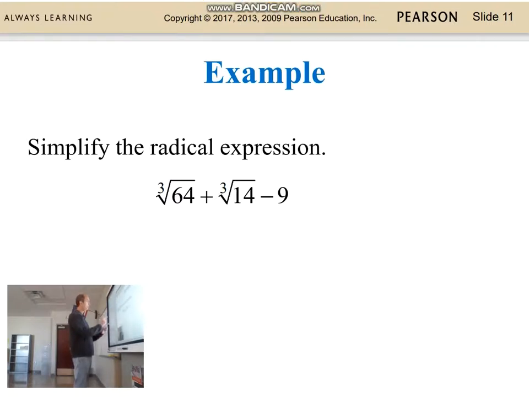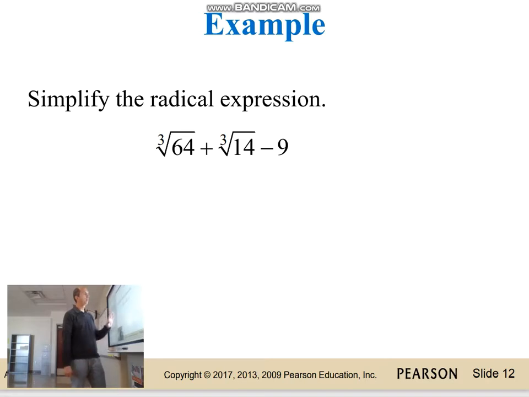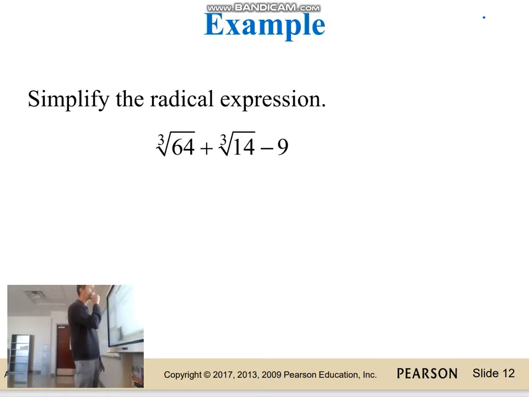Now, another example. Simplify this radical expression. Now we're going to have cube roots, right? Cube root of 64 plus cube root of 14 minus 9. Well, think about what we can split. What can we do with those numbers?